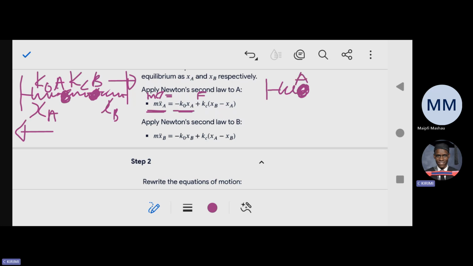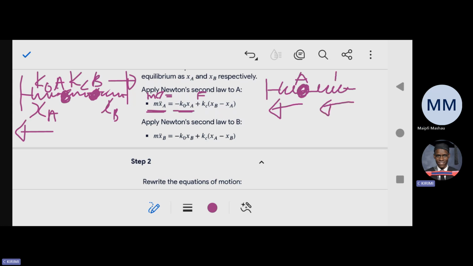And this spring, it's there, it has a weight. And I did not attach mass B. If I just compress that one, there will be a force that is going to the left, isn't it? And this spring is also going to the left as well.